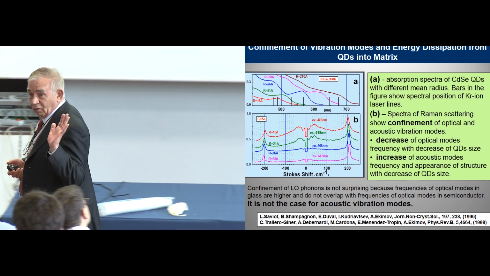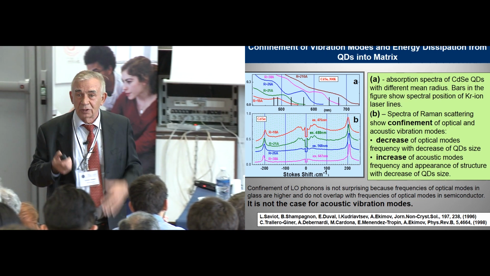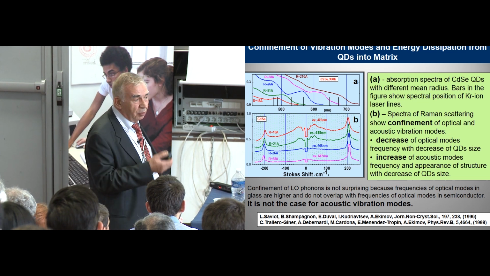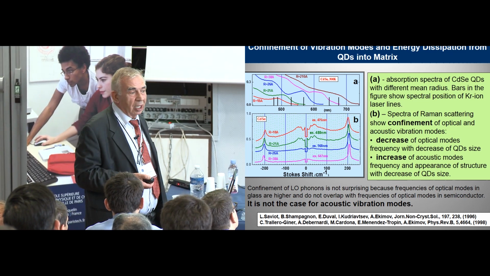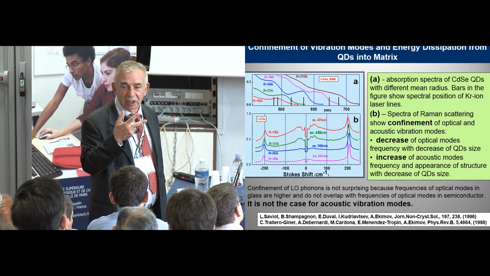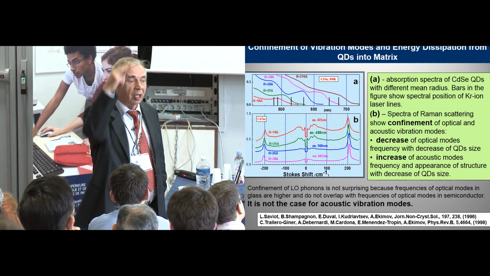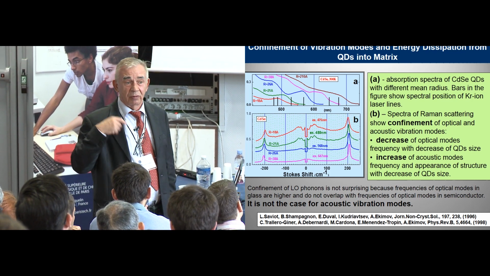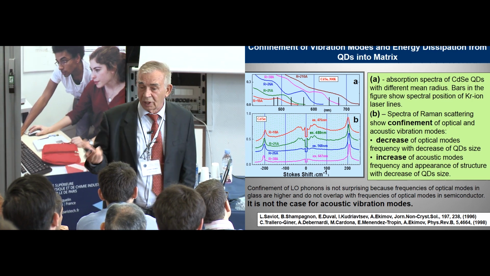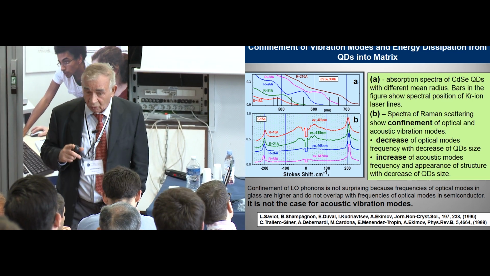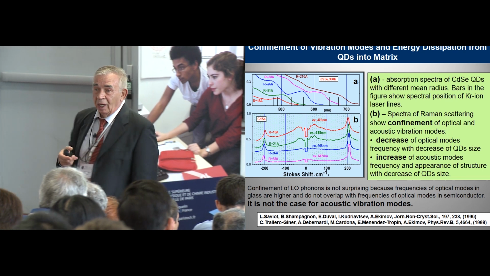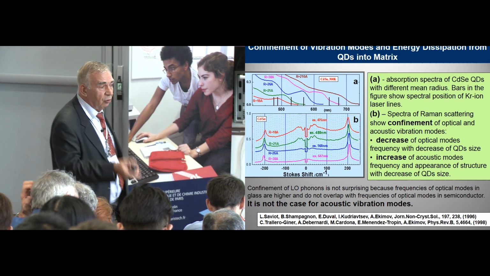But this problem also was solved, and actually it was solved first again by Sasha, who demonstrated theoretically that the relaxation comes not through the electrons, it comes through the hole, and Coulomb interaction between electron and hole actually solved the problem.